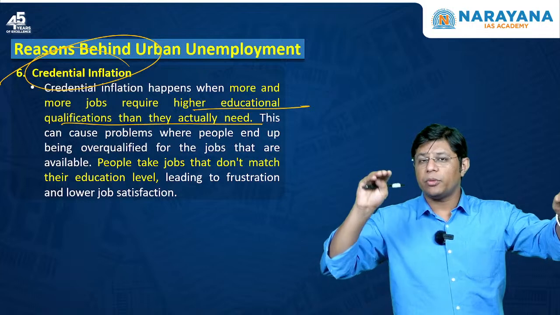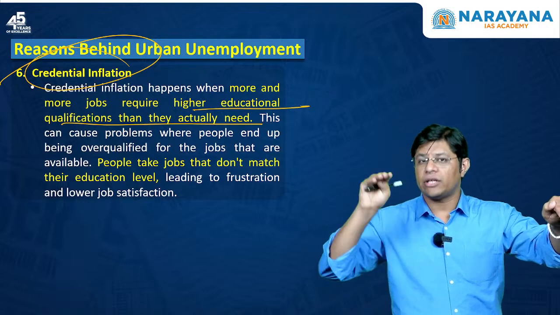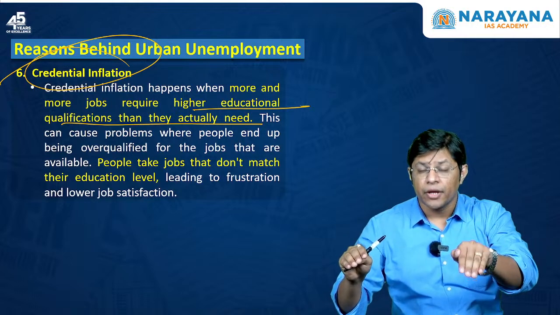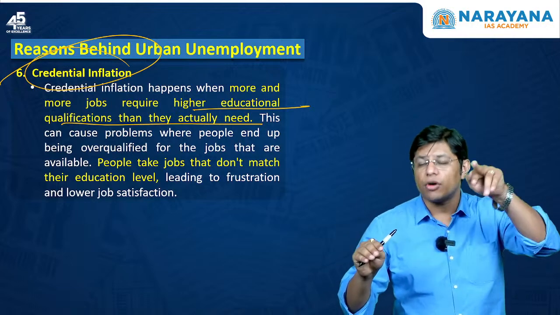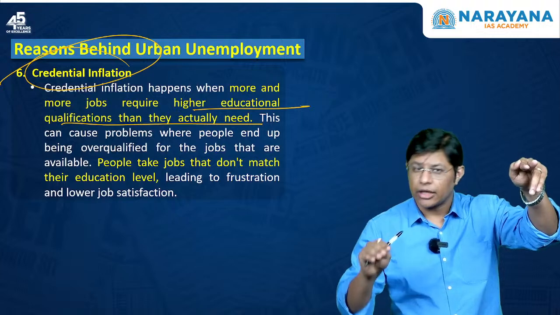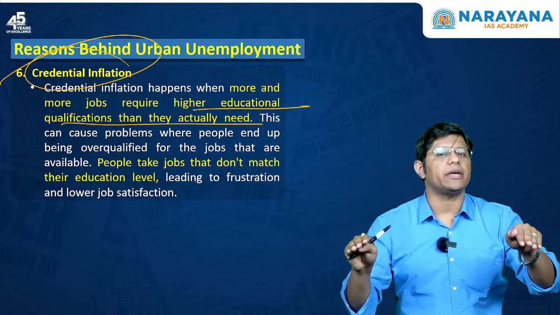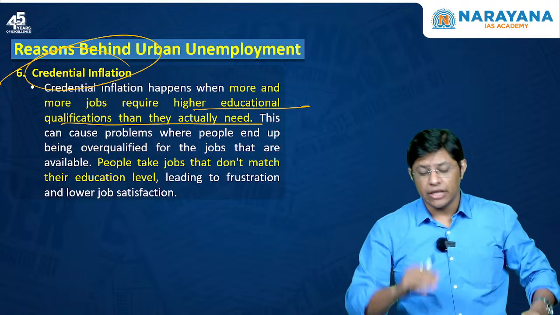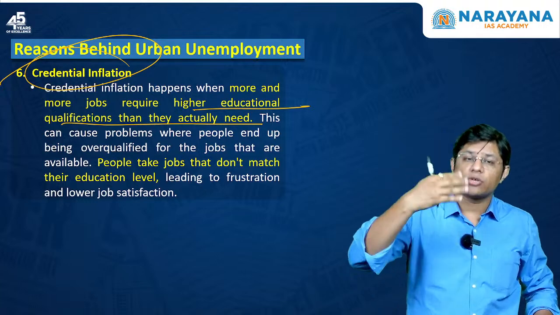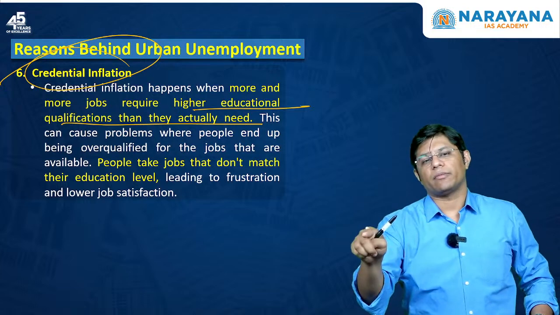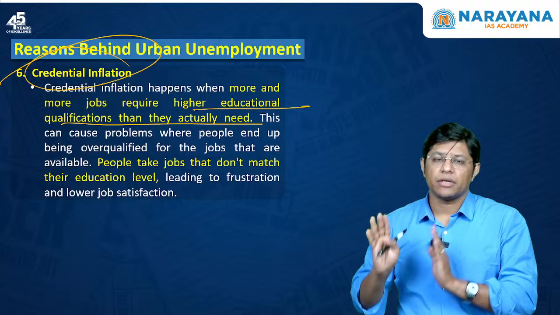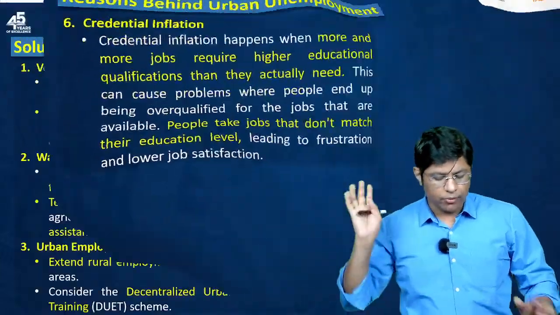But now, to get a job as a software developer, you need an ME in computer engineering, which means your educational qualification should be higher. Now, you can also get the same job if you are a BE. This is what is credential inflation, which means you need higher educational qualification to get a job. This is another reason. So, these are some of the reasons behind urban unemployment.